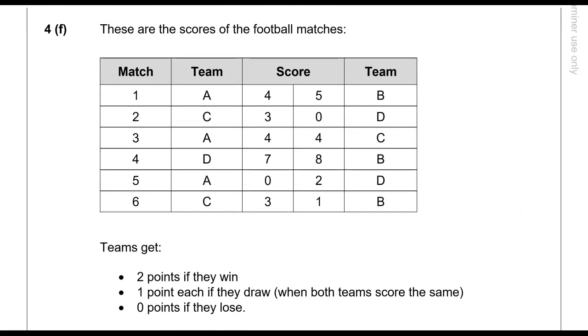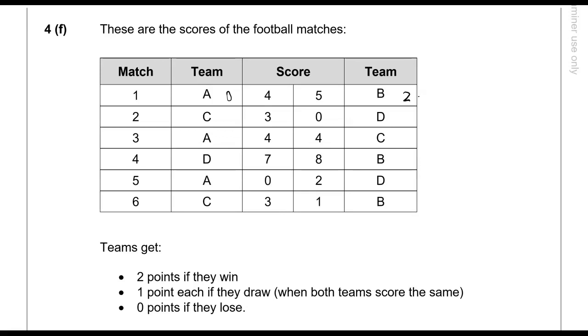So match 1, Team A scores with Team B 4-5. So in this match, Team A lost, so they get 0 points, whereas Team B won, so they get 2 points. Match 2, we've got Team C against Team D.